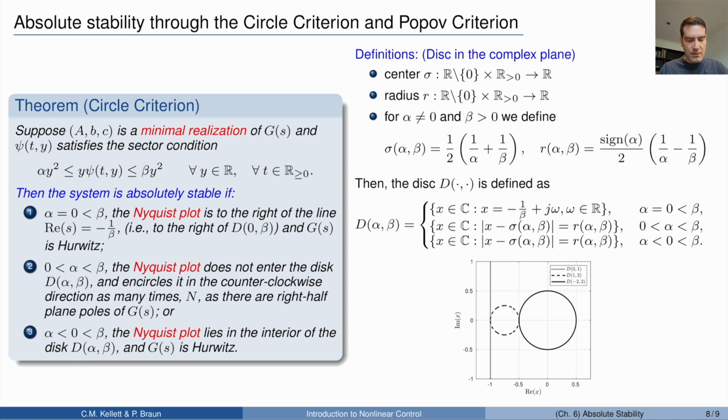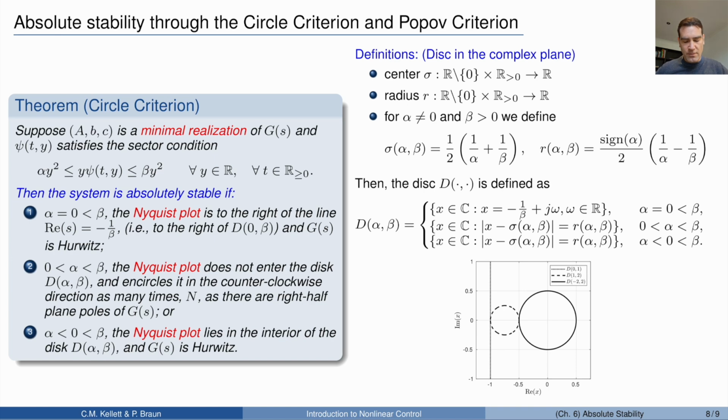It is a criterion which combined state space methods and frequency domain methods, with a visualization using the Nyquist plot, relying on the Nyquist plot to decide if a system is absolutely stable or not. So just a quick discussion here.